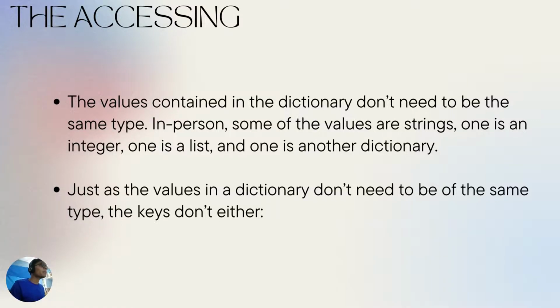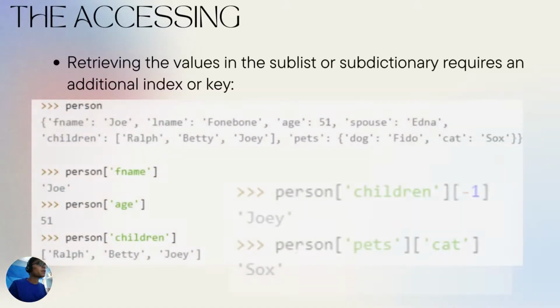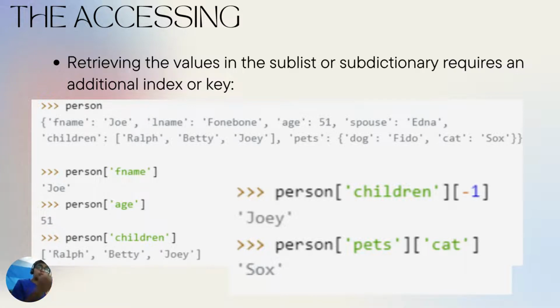As you have seen in the person, let me go back. This person dictionary contains strings, numbers, strings and numbers, which are two different data types, but dictionaries support those different data types. So we can say dictionaries support different data types for keys and values.